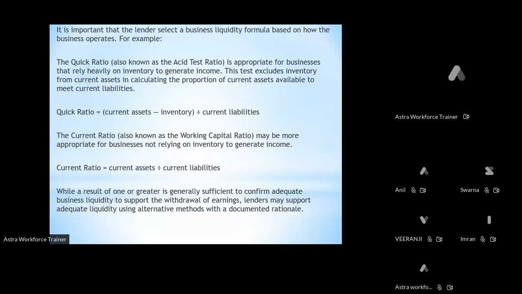Current assets minus inventory, so what current assets the borrower has and what inventory purchases they have made, divided by current liabilities. Then you will get a ratio of 1 or more than 1.